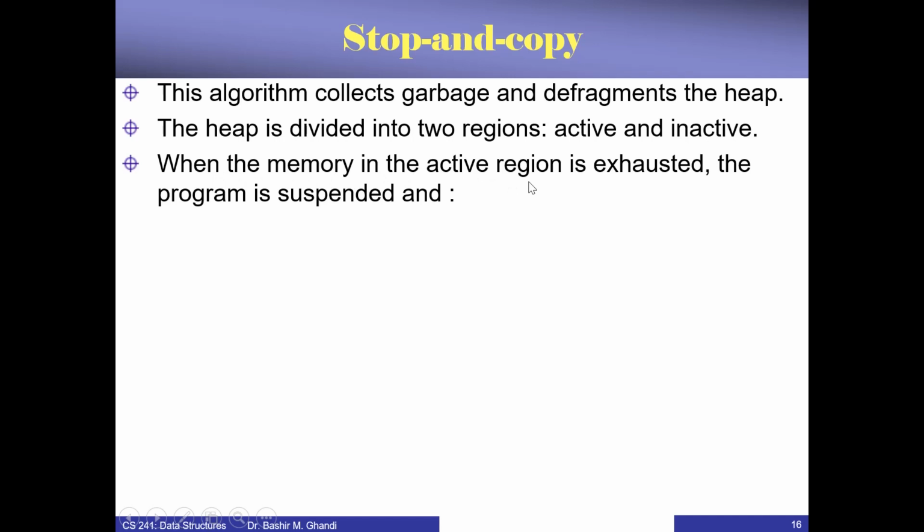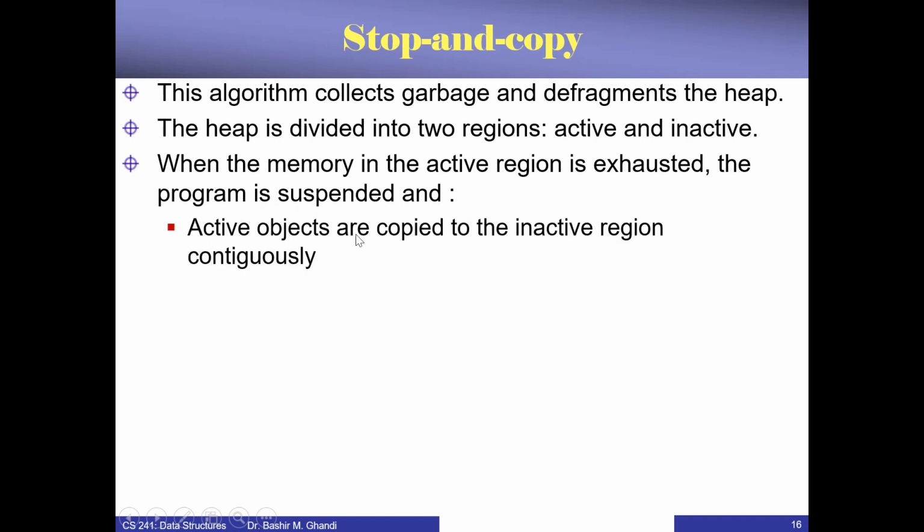When the memory in the active region is exhausted, the program is suspended and active objects are copied into the inactive region. But the copying is done contiguously. This is where the defragmentation takes place.